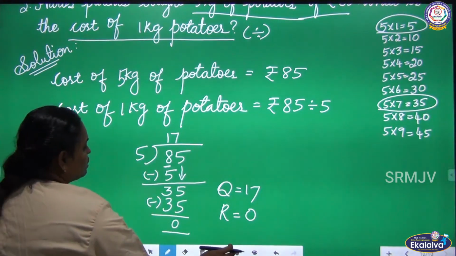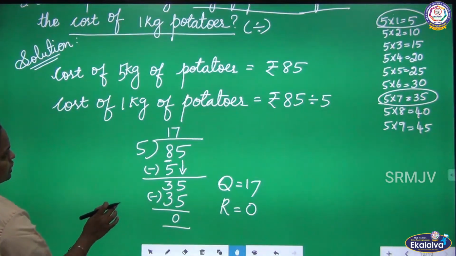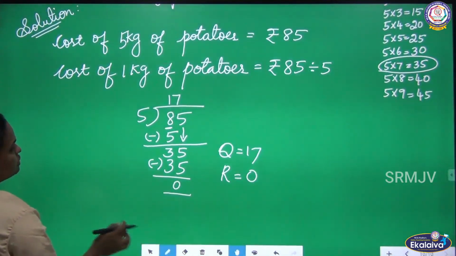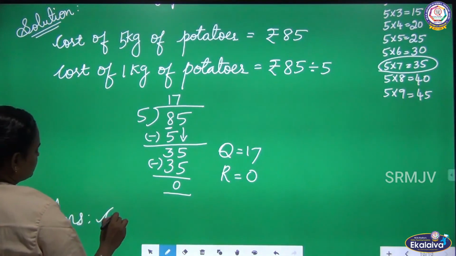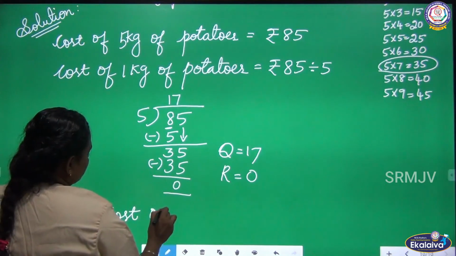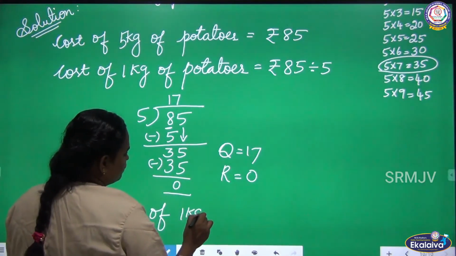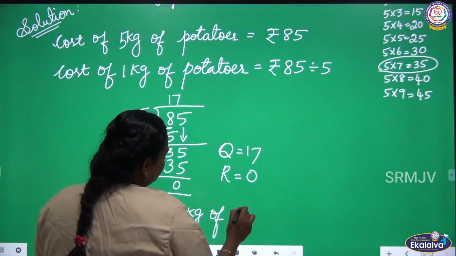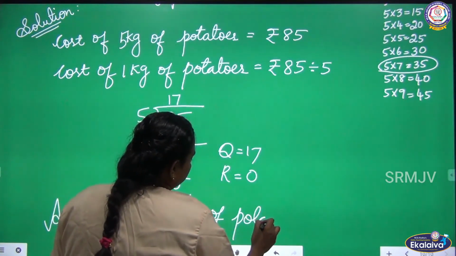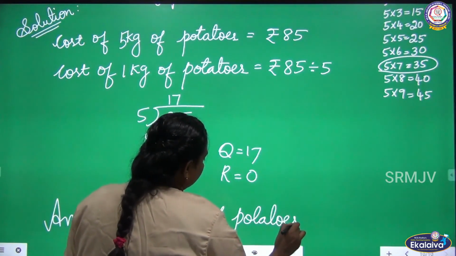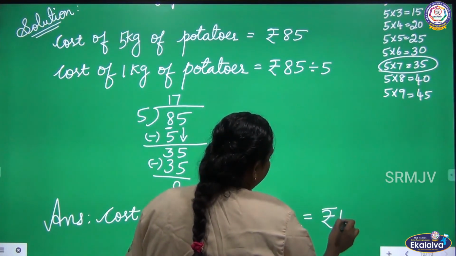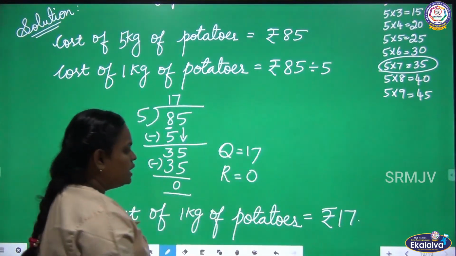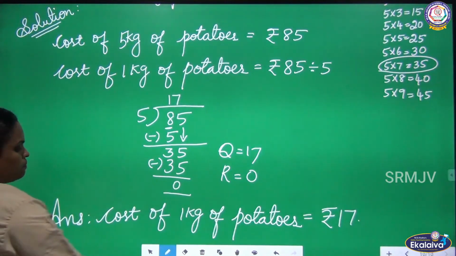Now you tell me what is the cost of 1 kg of potatoes. So you can write answer, cost of 1 kg of potatoes equal to rupees 17. Write with the rupees symbol.